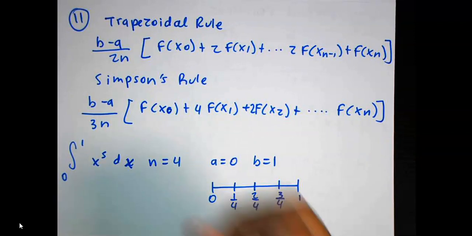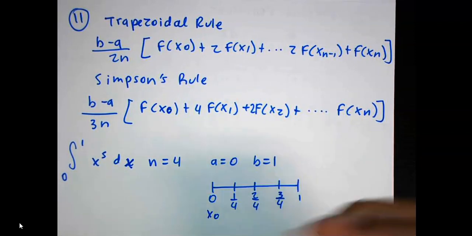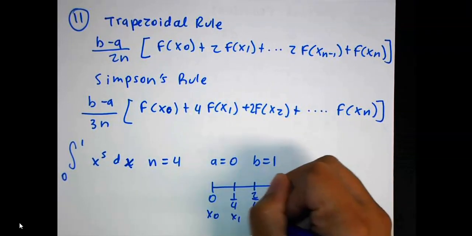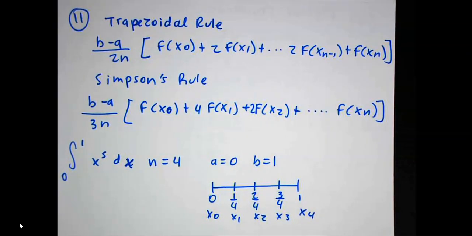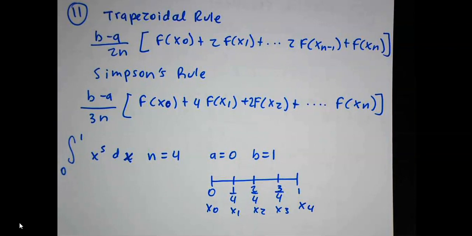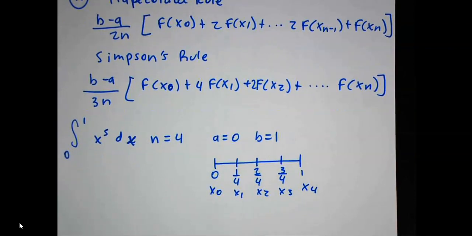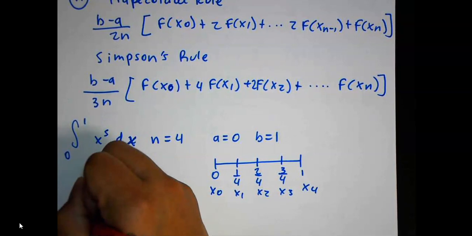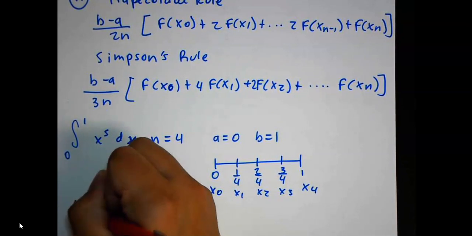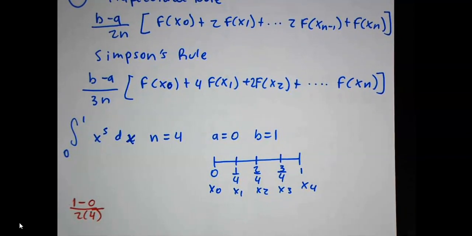Okay. So this will be my x0, x1, x2, x3, and x4. And we just go and use the formulas. So for the trapezoidal rule, I'm going to do b minus a over 2 times n, which is 4.